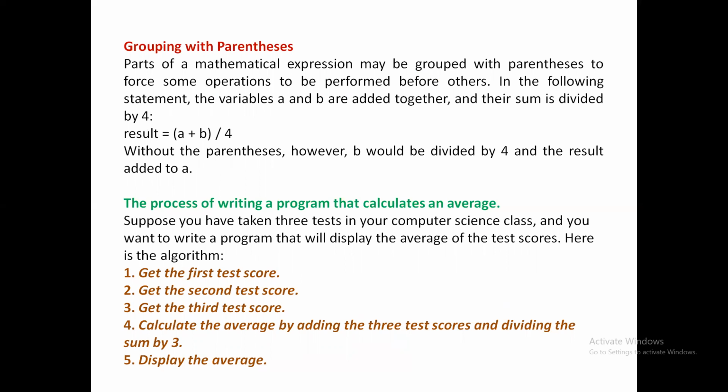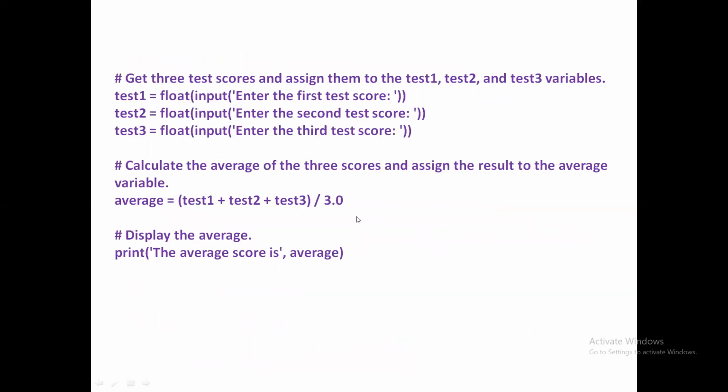The first example is the calculation of averages, where parenthesis is compulsory. Otherwise, you will get wrong results. I have shown that with the help of an example also. So practice this example with parenthesis and also without parenthesis.